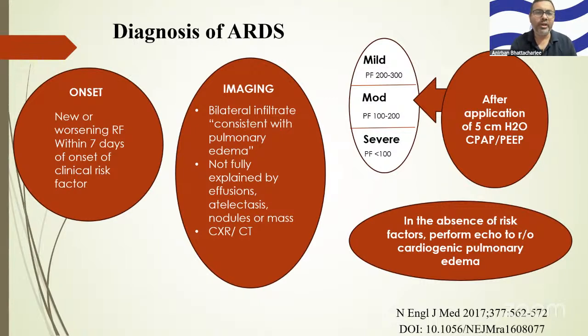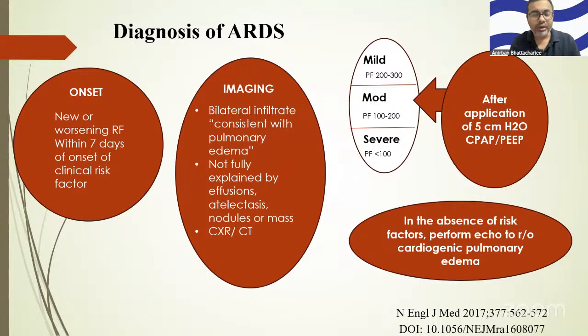Common pulmonary risk factors are pneumonia, aspiration, inhalational gas injury, and in case of extrapulmonary, the common causes are sepsis, trauma, pancreatitis, and so on. So once you have this initial clinical risk factor, if you have developed new or worsening respiratory failure within 7 days, then it matches the criteria of the Berlin definition.